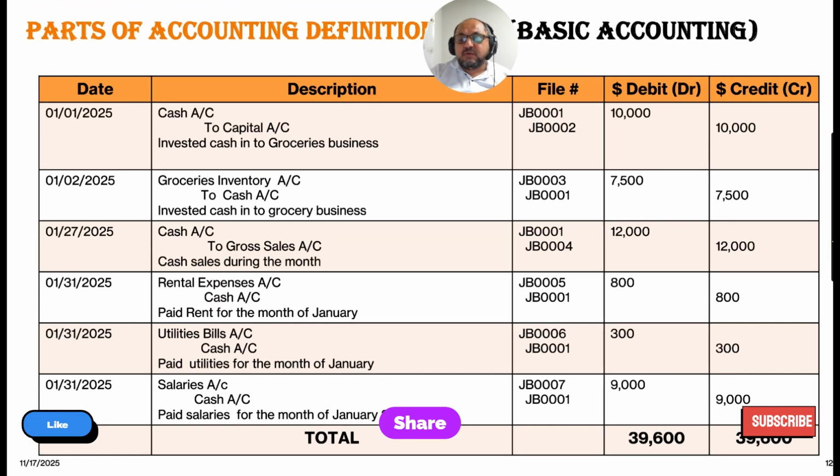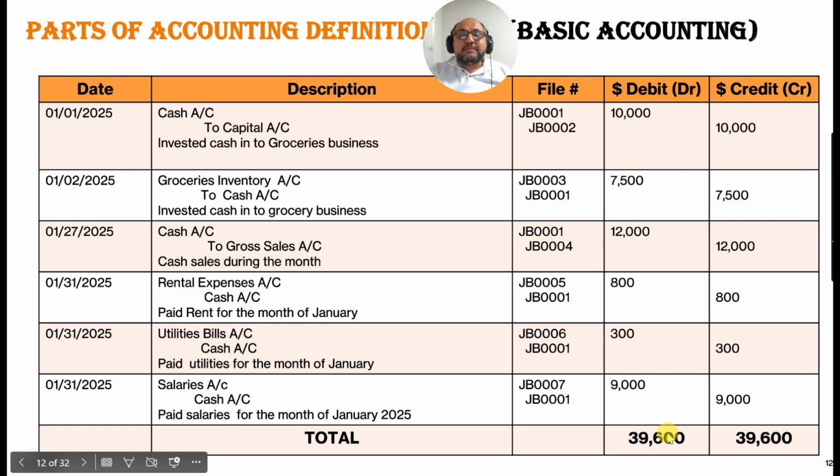If they are not equal, it means you have made a mistake while entering the business transactions or journal entries, or sorting the ledger accounts, or transferring the debit amount of the ledger accounts to the debit column of the trial balance, or the credit of the ledger account to the credit column of the trial balance. You have to find this out, and after finding it, make an amendment or correction where you made the mistake.